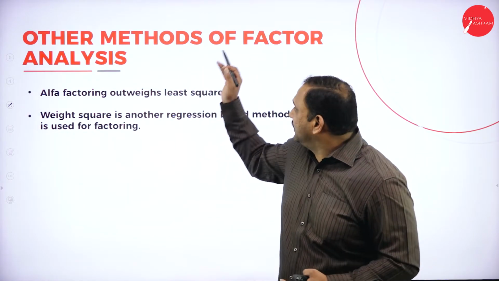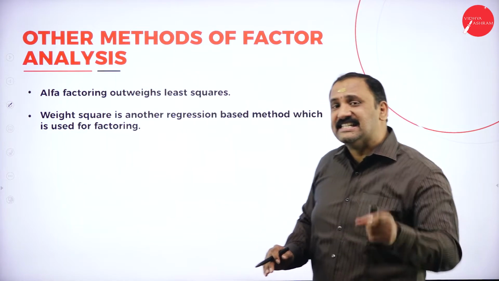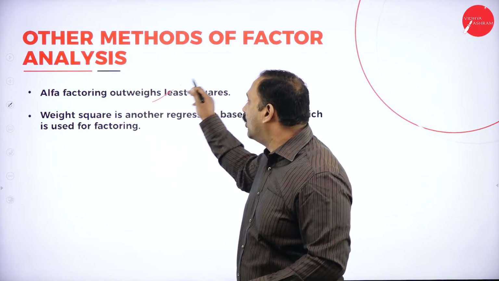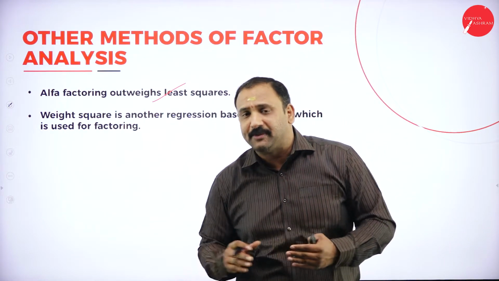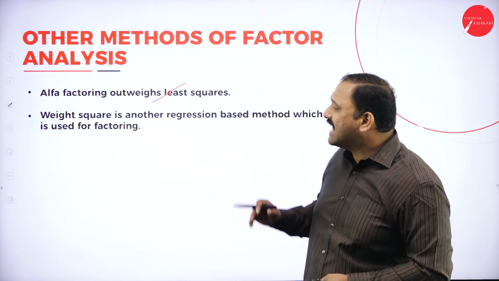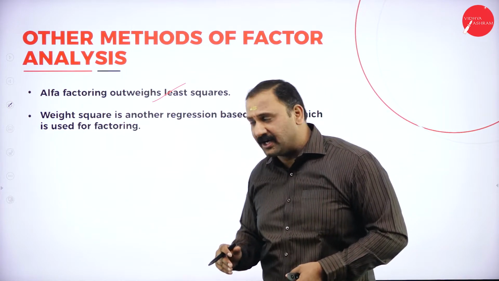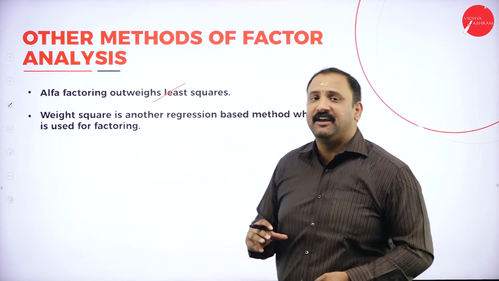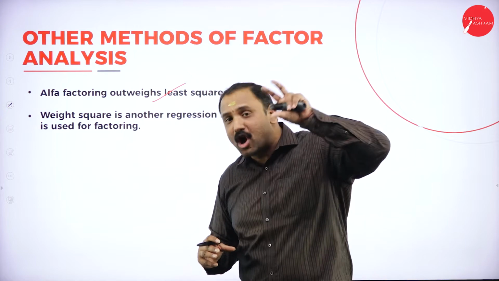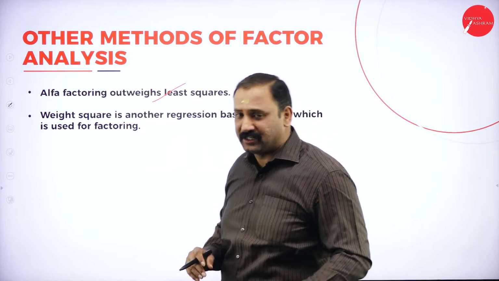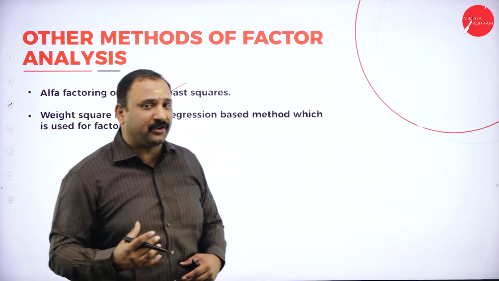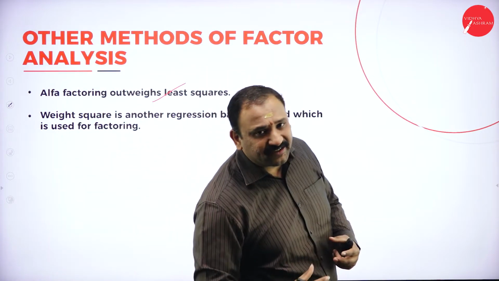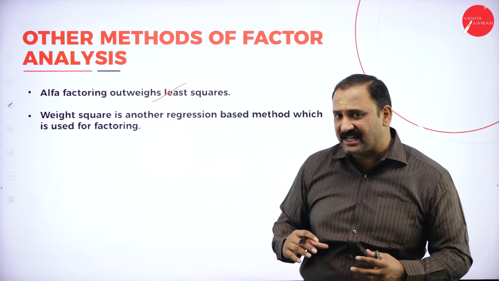Now, the other methods of factor analysis are alpha factoring and the ordinary least squares method. When we talk about the ordinary least squares methods, the alpha factoring will come into the picture. Alpha factoring is a way where you give a priority-based rating or ranking to a particular variable, and then you try to see how it is related and what factors are governing there.